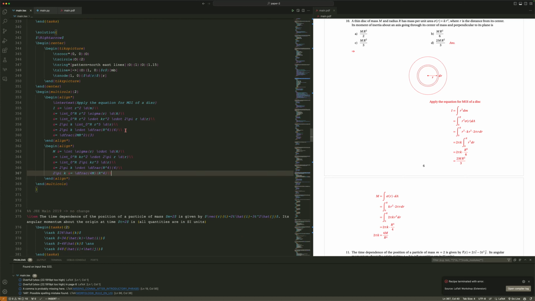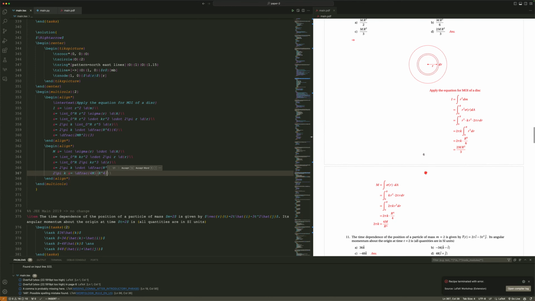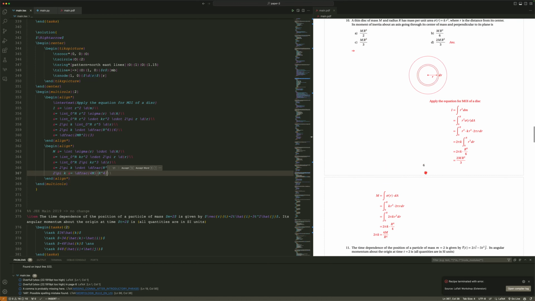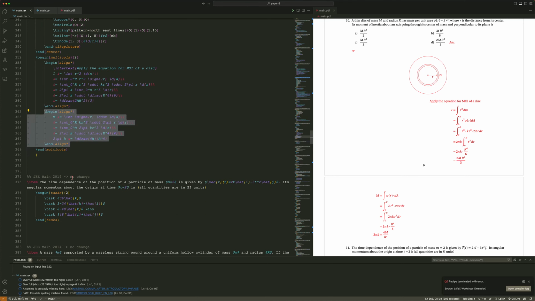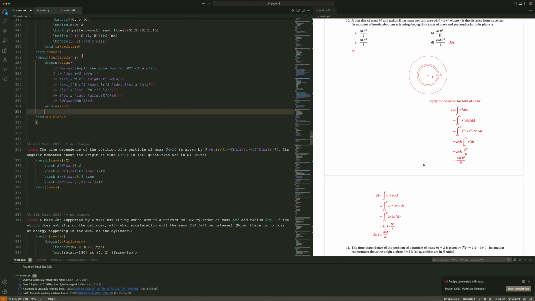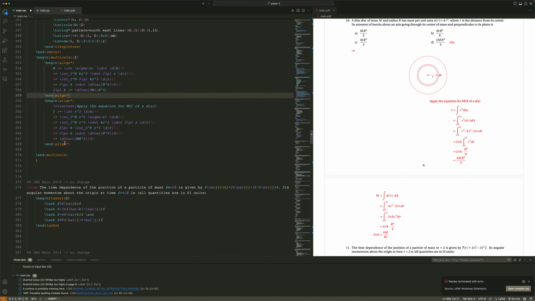Where is the problem in multicols? I don't know what to do here. Can I do this in the same alignment, or let's do it first, maybe that will solve our problem.